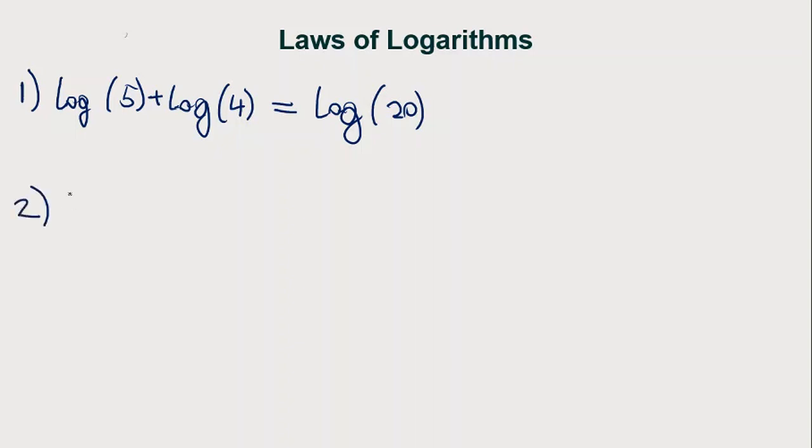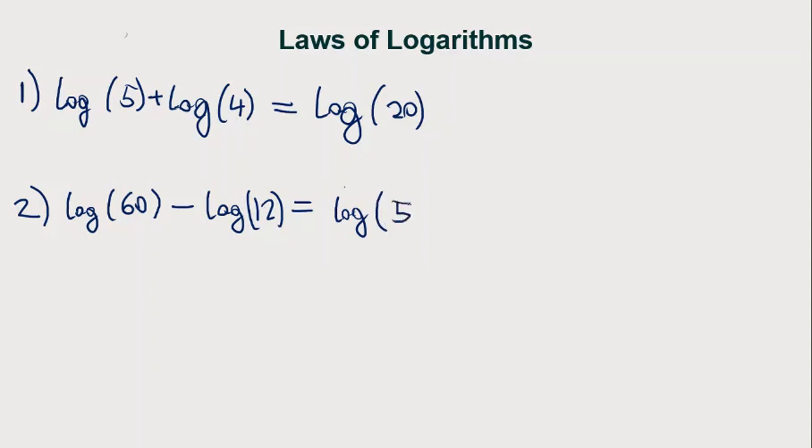The second law of logarithms is that if we have a logarithm of, let's say, 60, and then we take away a logarithm of 12, the difference of logarithms is the quotient of their arguments. So again, the reverse of the exponential. So logarithm of 60 minus logarithm of 12 is logarithm of 60 divided by 12, so that's a 5. Okay, so that's the second law.